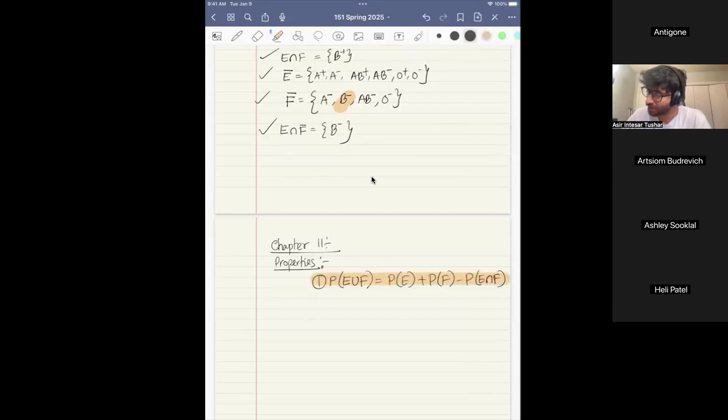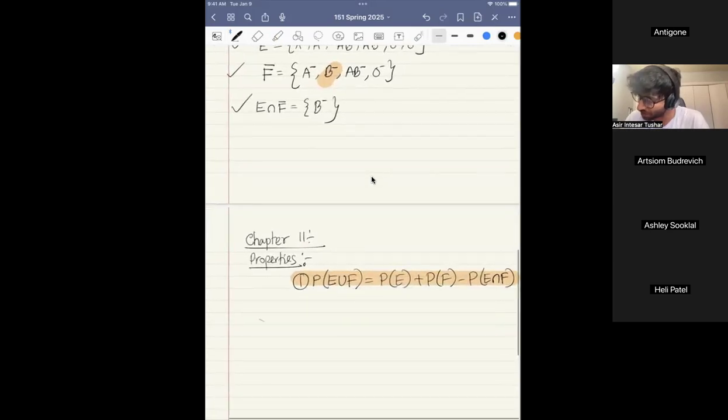Some people call this the inclusion exclusion principle. They can write that too.